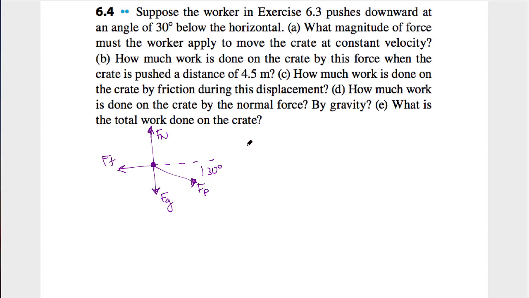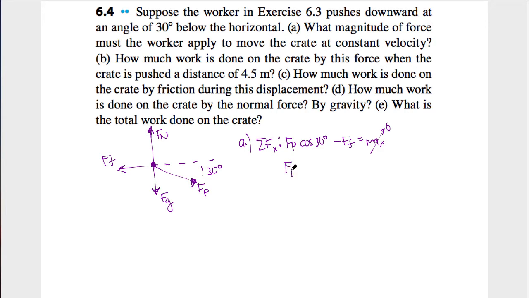So, for part A, we're going to look at Newton's second law applied to our free body. In the x direction, we have the pushing force times the cosine of 30 degrees minus the force of friction is equal to ma in the x direction. And there is 0 acceleration because, again, we are wanting to move at constant velocity.